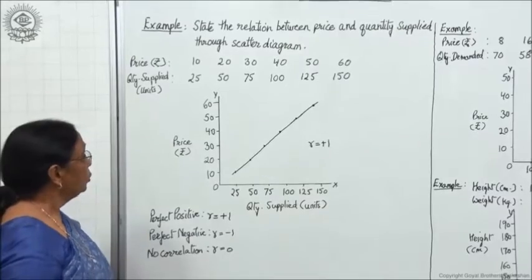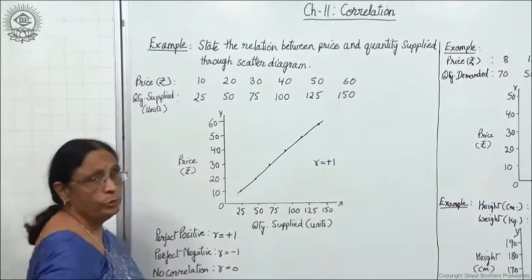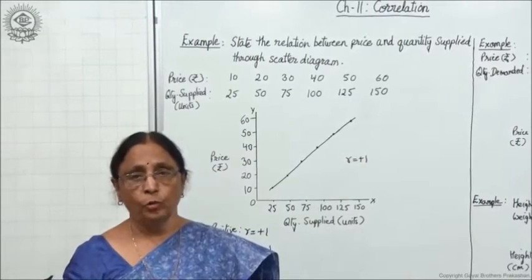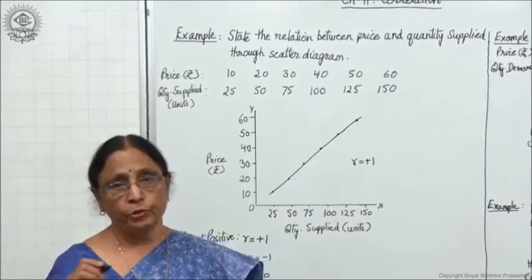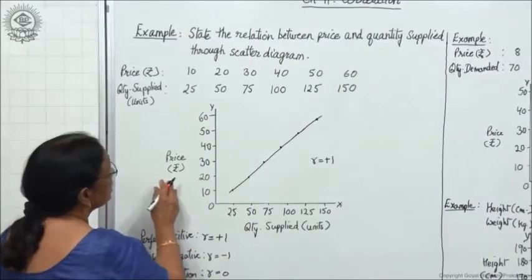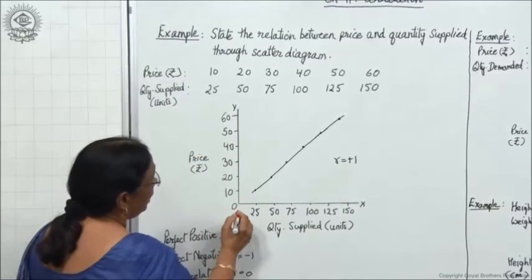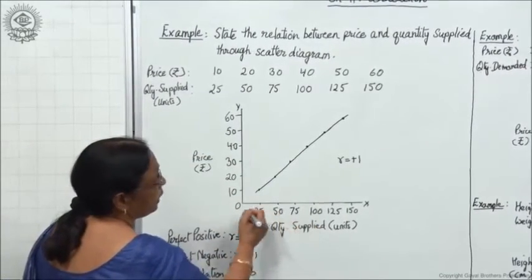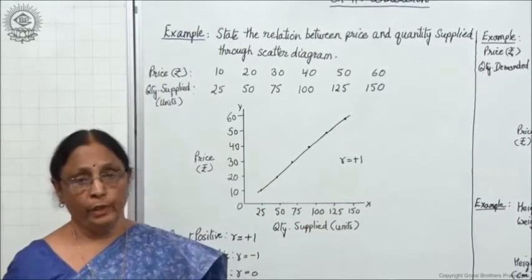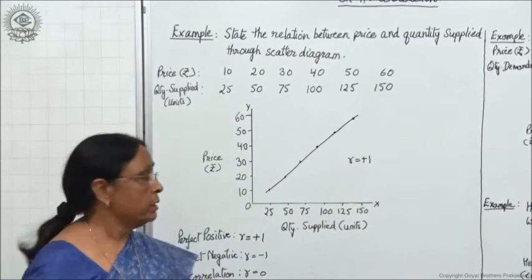Right? Now, for drawing the diagram, what you are supposed to do, make two axes OY and OX. As usual, on the OY axis, you will take the price, that is the independent variable, and this is the quantity supplied on the OX axis, that is the dependent variable, because supply changes due to change in price.